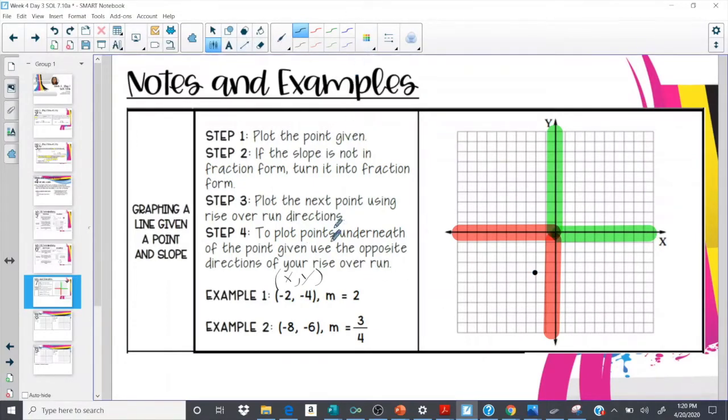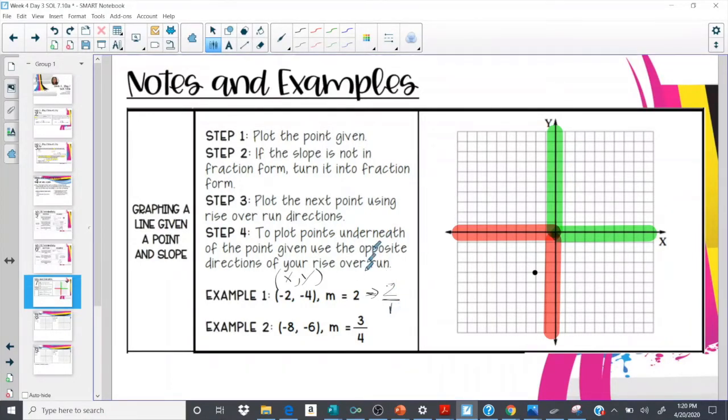Then we need to change our slope into a fraction. This is a whole number 2. Therefore, you just put that number 2 over 1. You can change any whole number into a fraction by placing it over 1.